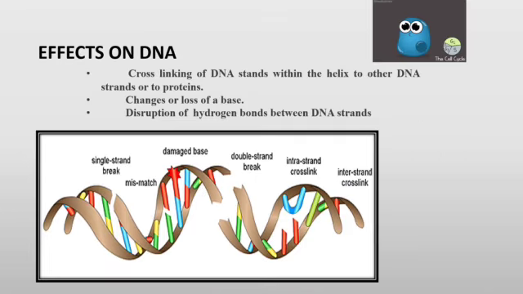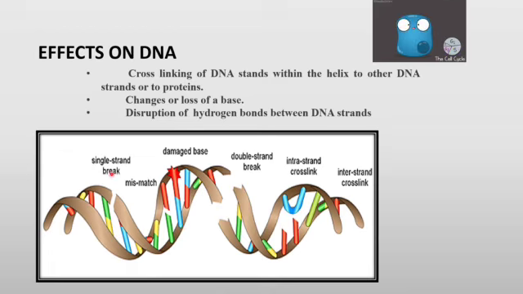So both direct and indirect effects result in DNA damage. DNA damage is the primary cause of radiation-induced cell death, heritable effects and cancer formation. It produces different types of alteration in DNA, like single strand breakage, double strand breakage, cross-linking of DNA strands within the helix to other DNA strands or to proteins, change or loss of base, and disruption of the hydrogen bond between the bases.